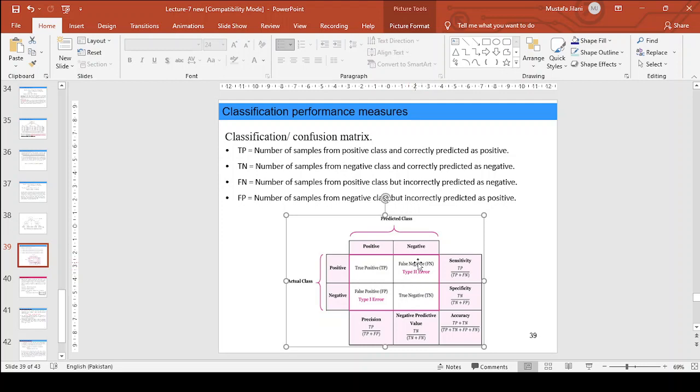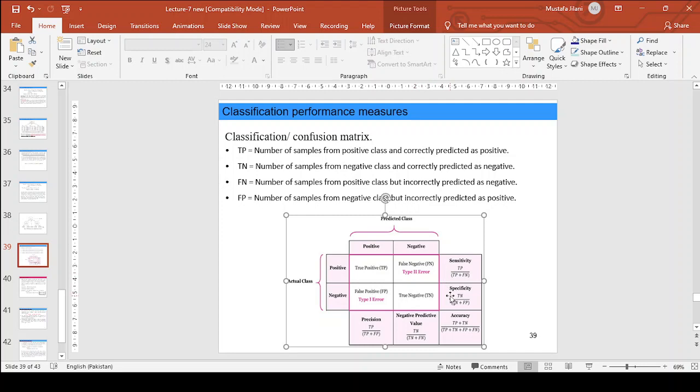So type 1 error is less risky because you are saying a negative test result is a positive result. That means he is trying to be more careful. But if it is actually positive and you say it is negative, this is more risky because you have a double error. Number one, you fail to say it is positive, and number two, you say it is negative. So type 2 errors are more severe compared to type 1 errors.